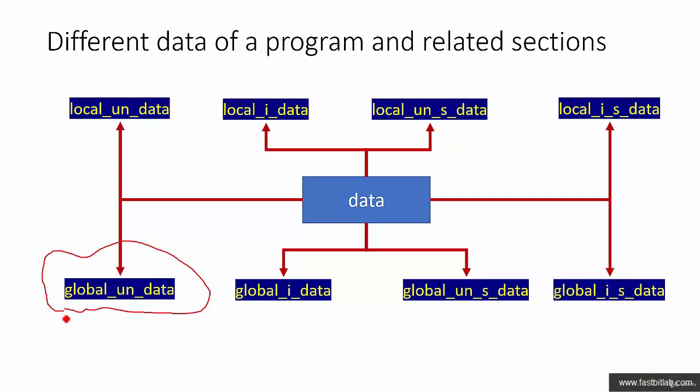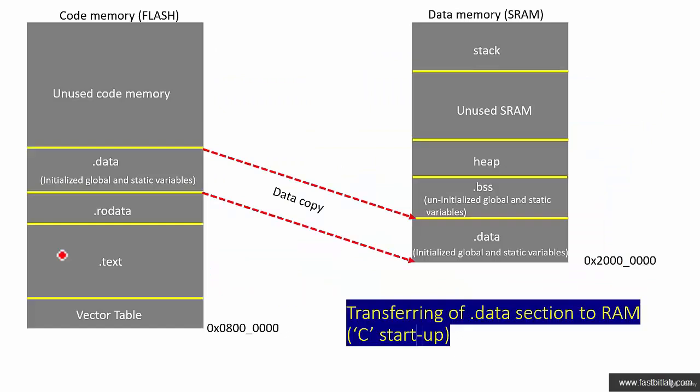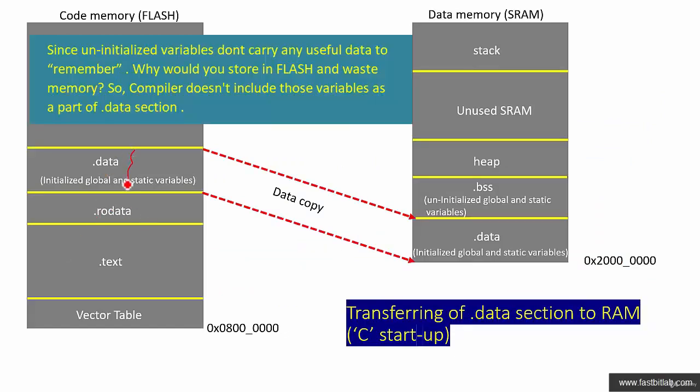Global data is nothing but your global variable of a project. If that global variable is not initialized, that means that data is not carrying any important information. Then would you store that in the data section?